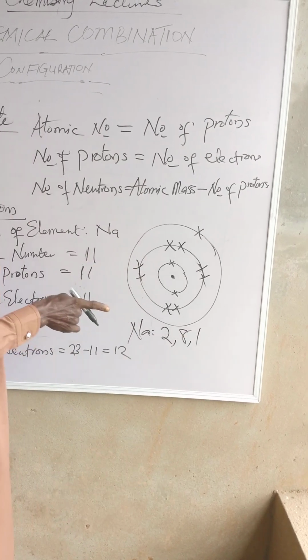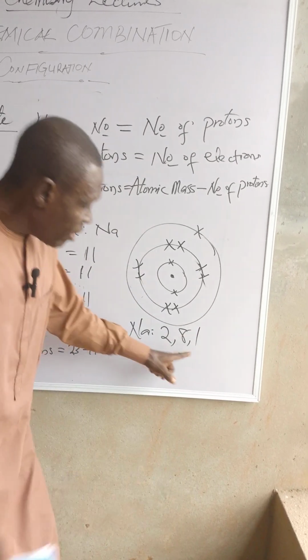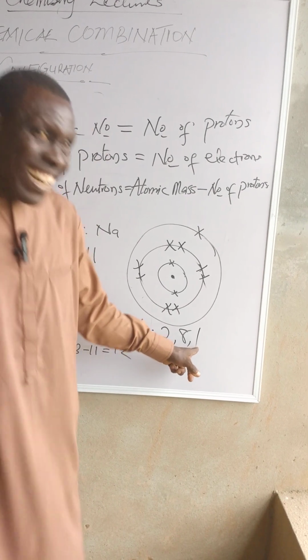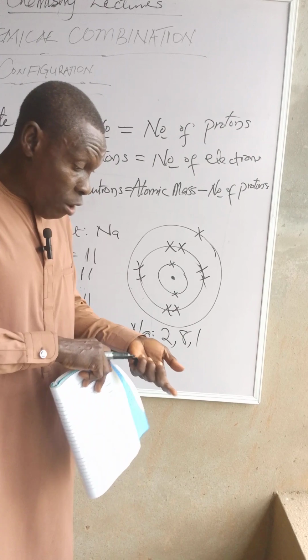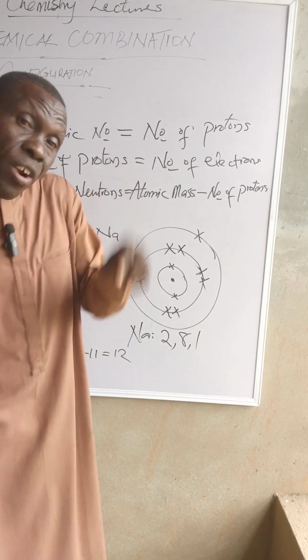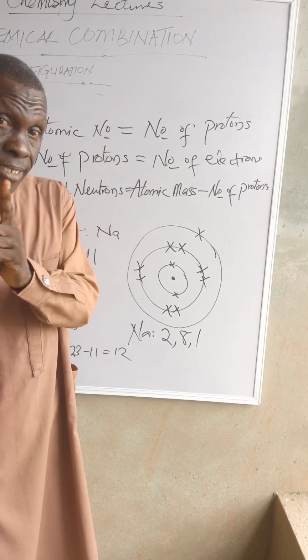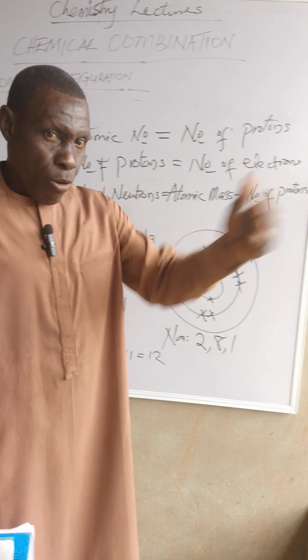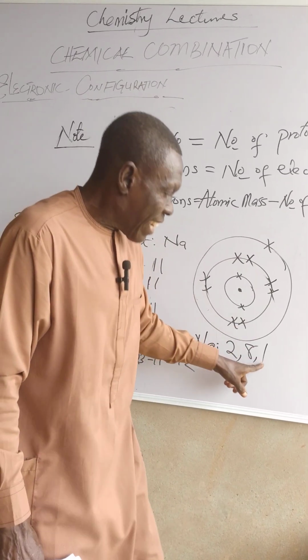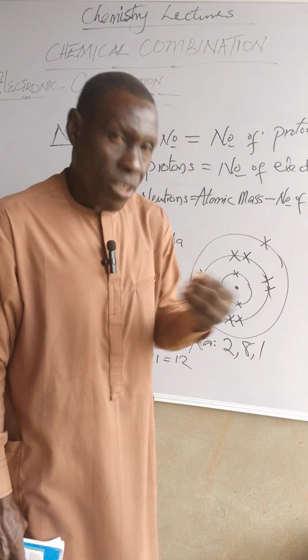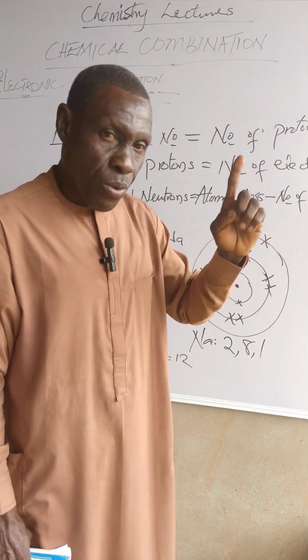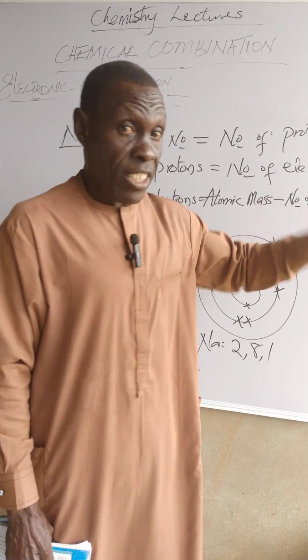This is the configuration. And because this one is the last electron, which is called the valence electron, it means that sodium is occurring in what? In group 1. Because if you understand my note I was giving you, the last electron occupying the last shell determines what group that element is falling into.